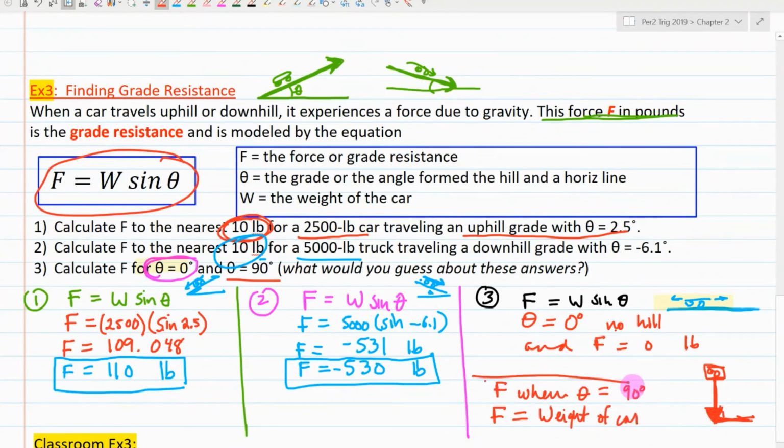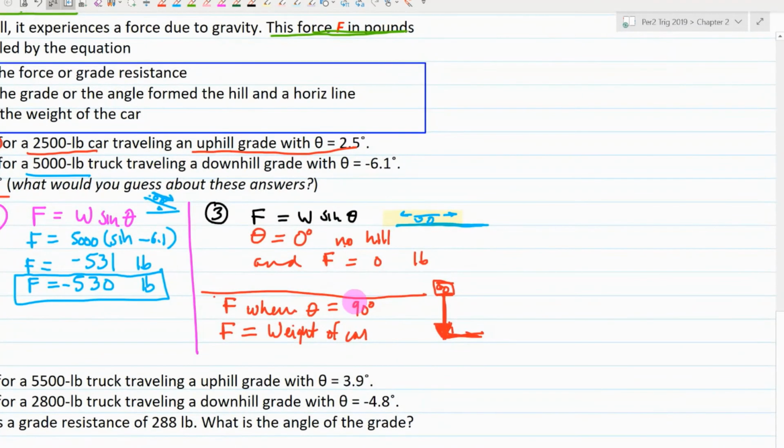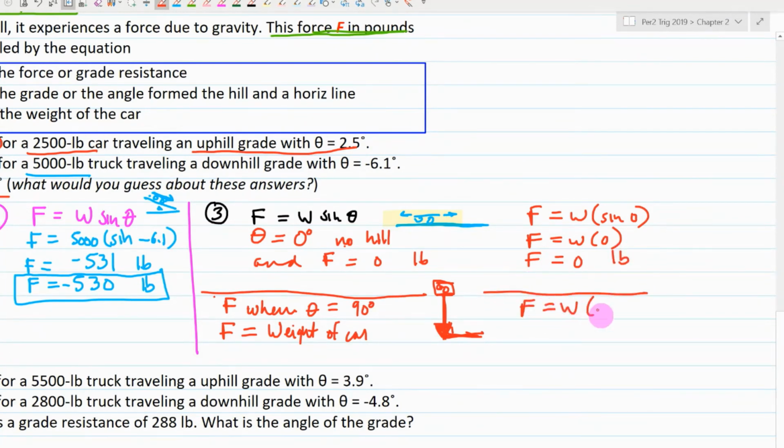Now, if you wanted to do that mathematically, we could. Okay, so here, F would equal W times sine theta. So the force would equal W times 0. So 0 pounds. For the second one, the force would equal the weight of the car times sine of 90.